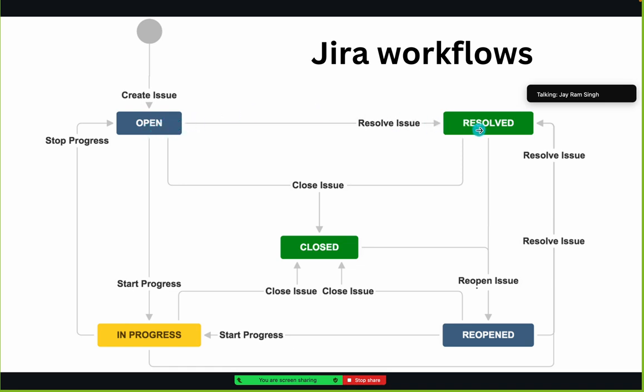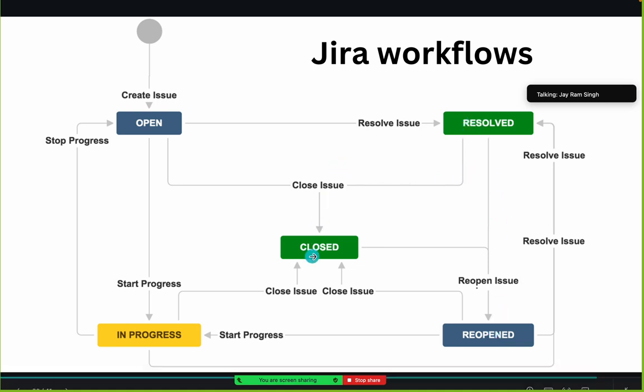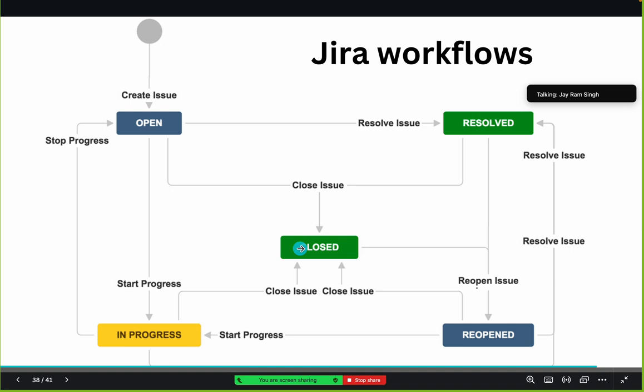From open, I can make it resolved, when I realize that this task is already done, so why do it again? From resolved, I can close or reopen. I can mark it closed from open, from in progress, and from reopened. From reopened, I can mark it in progress.